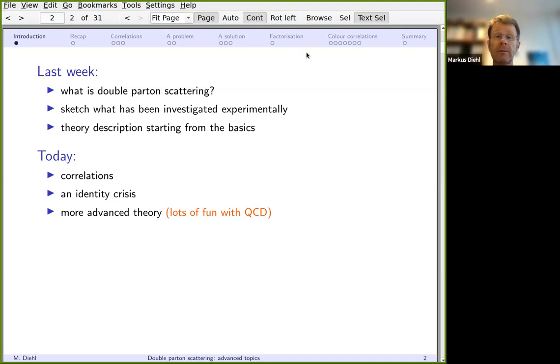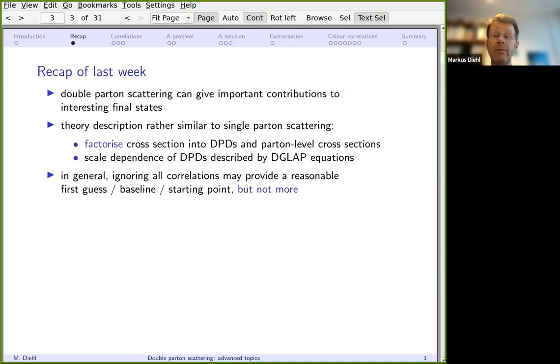So let's start with a brief recap of what we've seen on the theory side. I've shown you that we have a theory description in the framework of factorization, namely factorizing cross-sections into double parton densities and parton-level cross-sections. The parton-level cross-sections are the familiar ones that you know from single parton scattering, and that people have computed for single parton scattering.